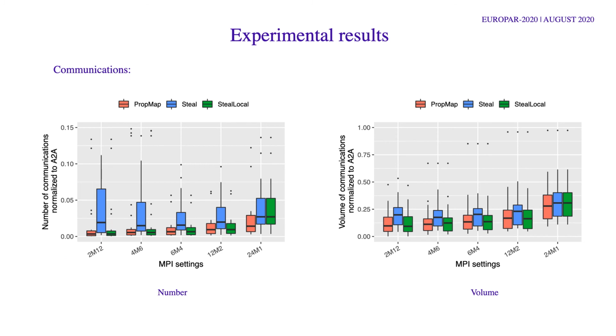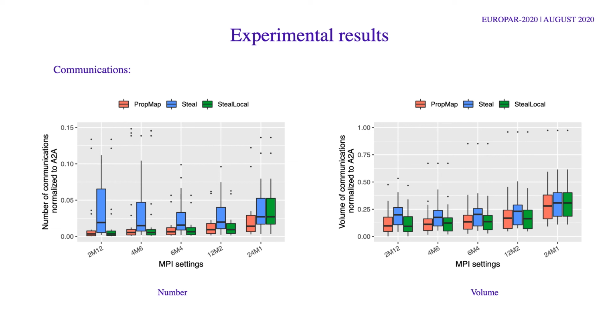Let's check the results. Those two figures show the data movements between different MPI nodes. The left figure is the number of communications. The right one is about the volume. The X-axis shows the different MPI settings given. For example, 2M12 represents 2 MPI nodes and 12 threads.